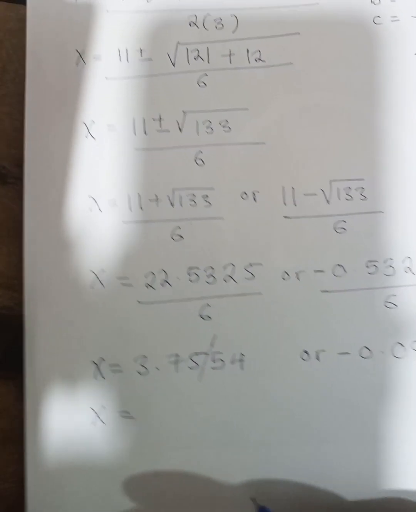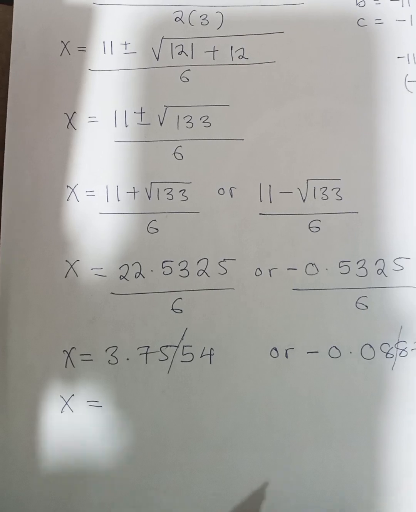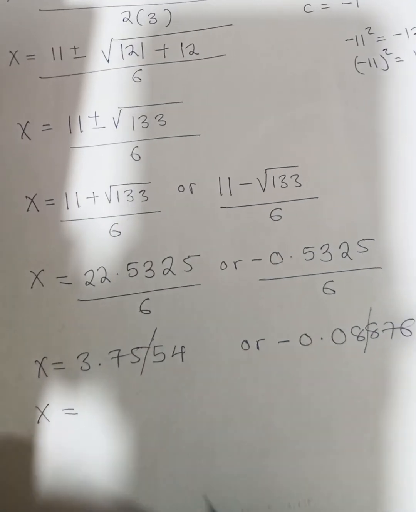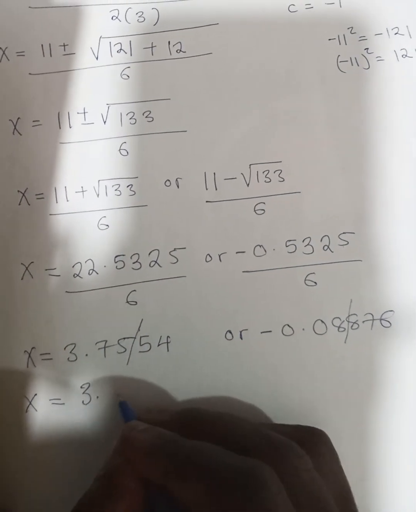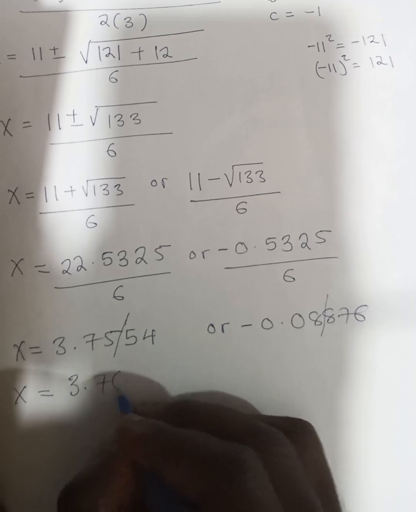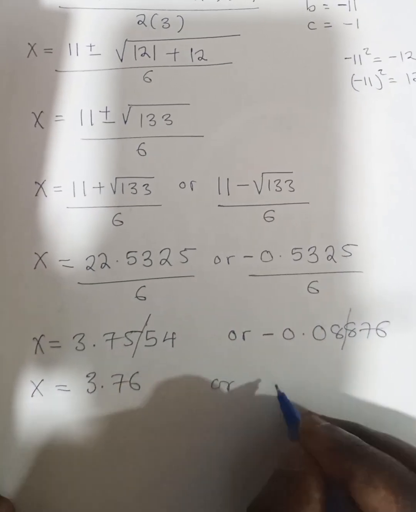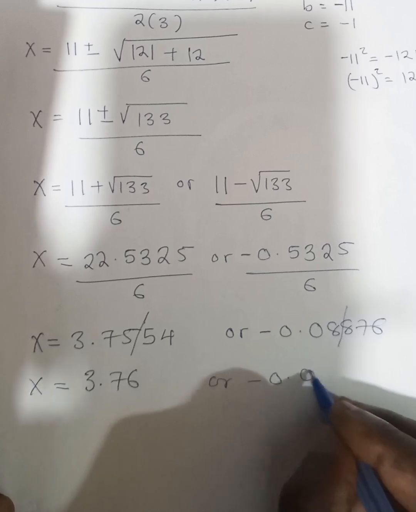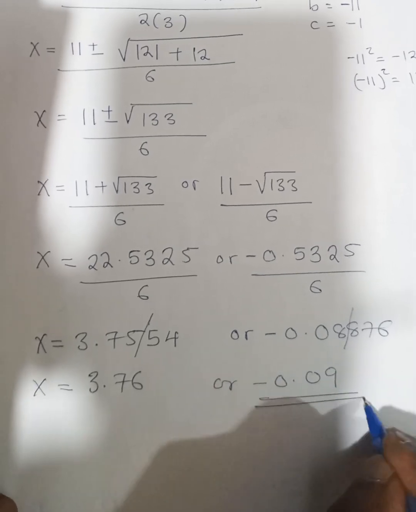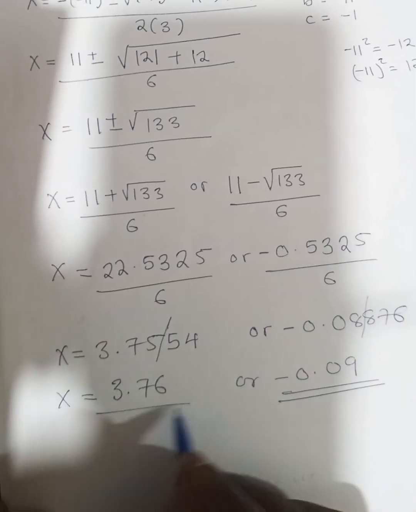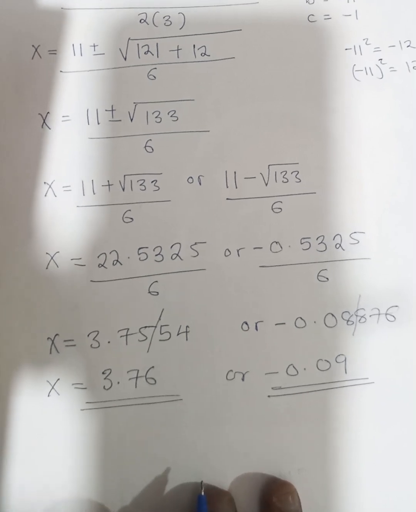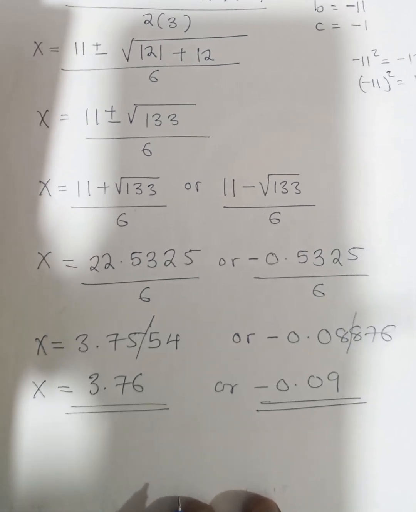So we'll cancel there and we'll also cancel there. So our final answer will be 3.76. That will be our answer here. Then there it will be negative 0.09. The rounding off digit you know and you understand very well, and that will become our answer.